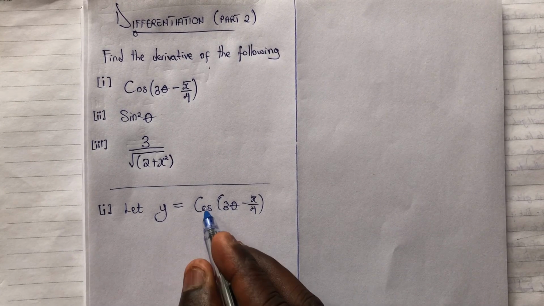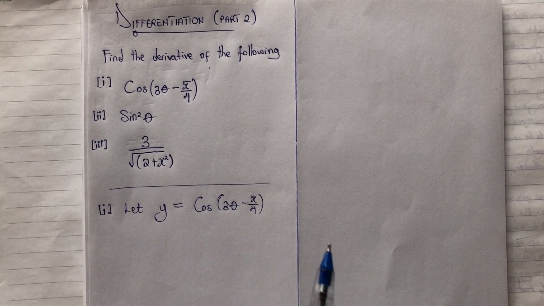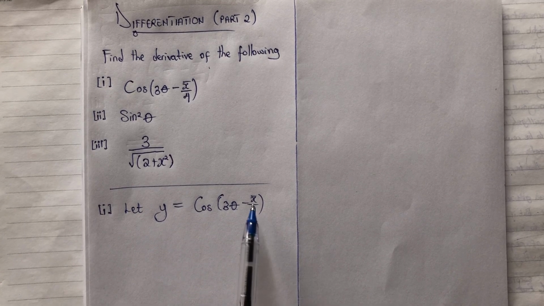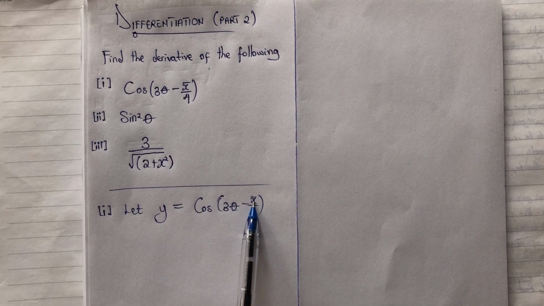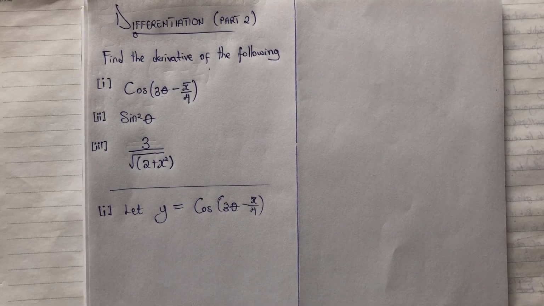So therefore, when I differentiate this, we should also note before I start that pi over 4, let's assume pi is 180 degrees. So when we divide it by 4, we get a number, and that number is constant. So we treat everything in pi over 4 as a constant. And the derivative of every constant is 0.